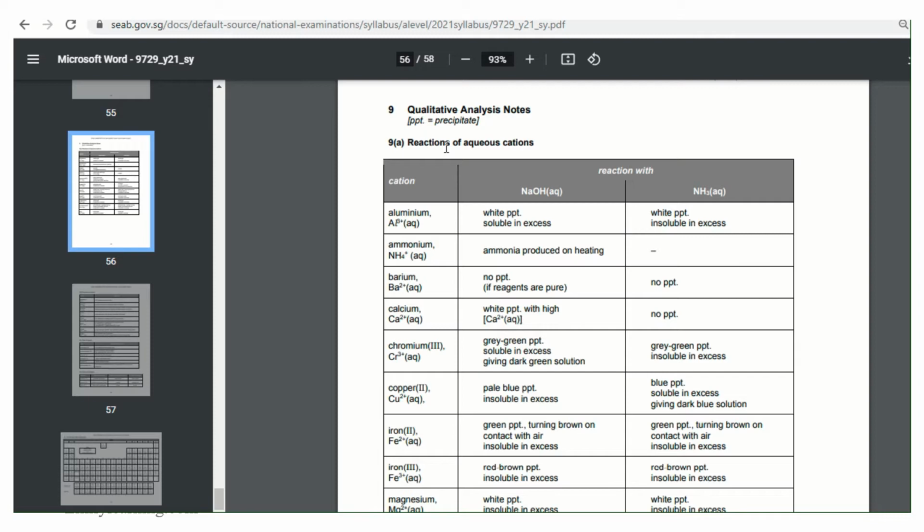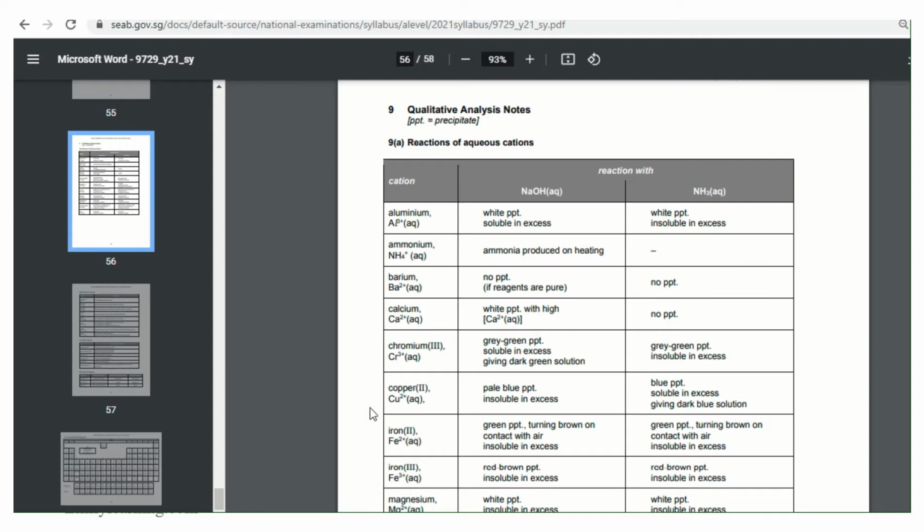So when you're taking your Paper 4 or your practical chemistry paper, this will be provided and is found at the last few pages. There is this page on qualitative analysis notes, and this is on the reactions of aqueous cations. So if you look at this, this allows you to test for cations, and based on the observation, you can deduce that these ions are present.